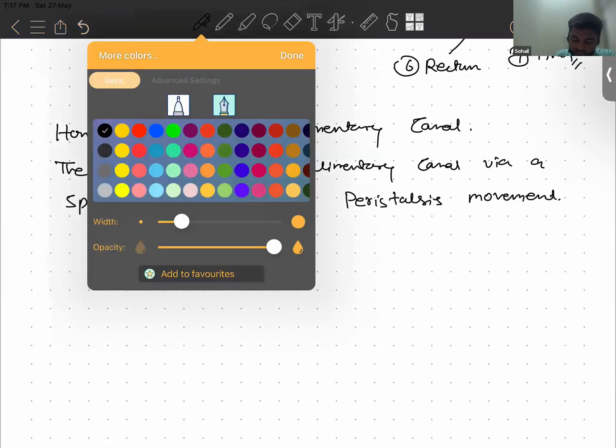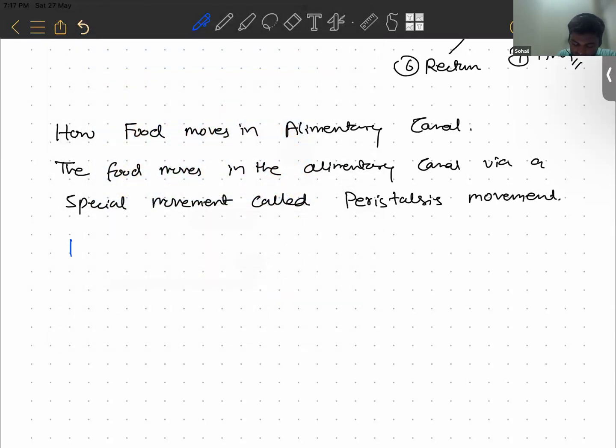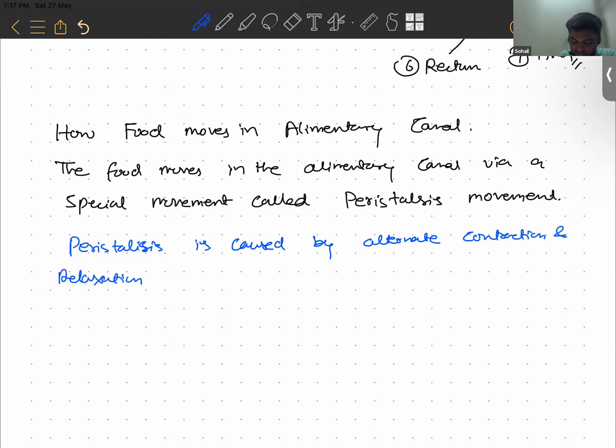What did I say? Peristalsis is caused by alternate contraction and relaxation of the muscles of the alimentary canal.